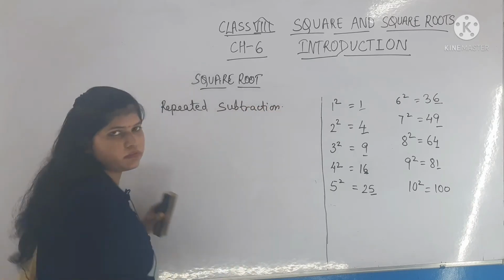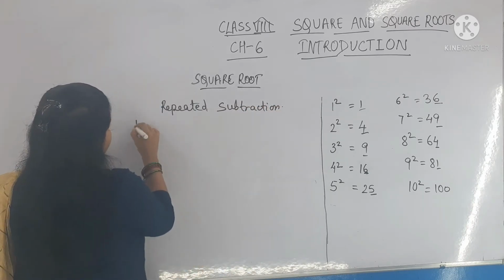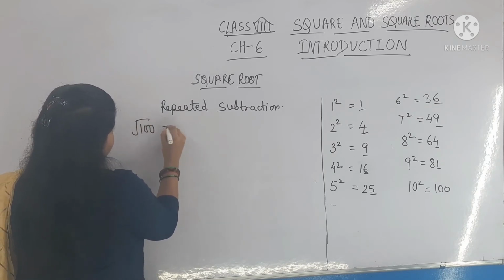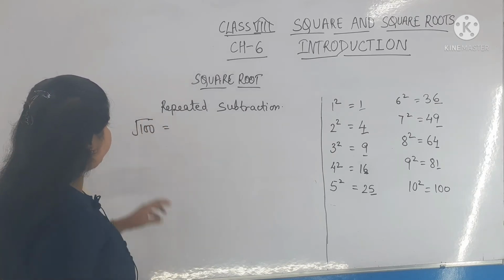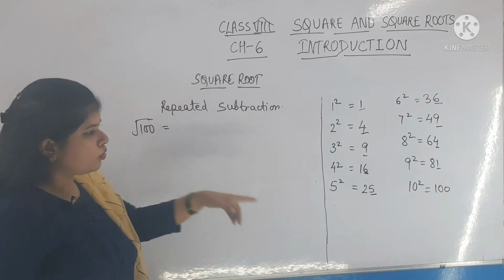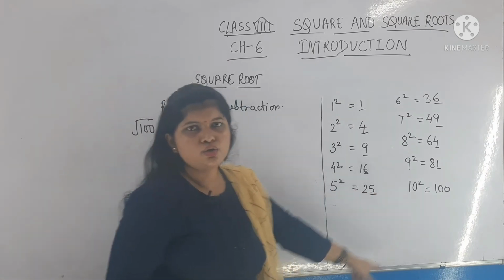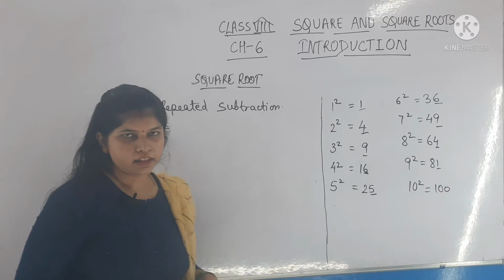One example I am taking: square root of 100. We know that the square root of 100 is 10. So how do you find it by repeated subtraction?